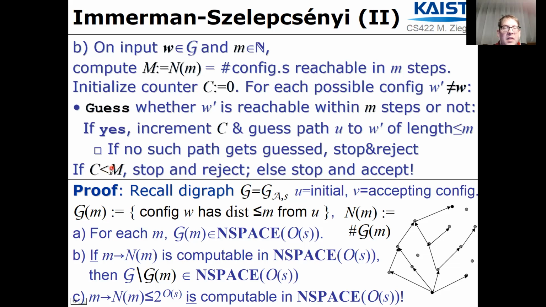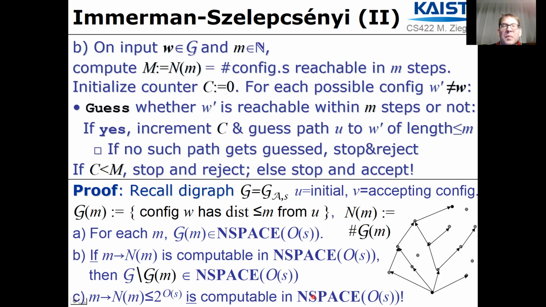And in the end, check whether the counter has reached the promised number of reachable configurations. Now it remains to prove with item C that this function is indeed computable in non-deterministic space. And this is what we're now going to do, and this concludes the proof.